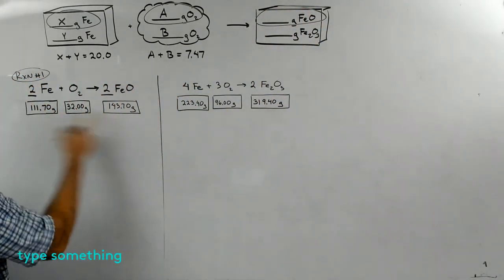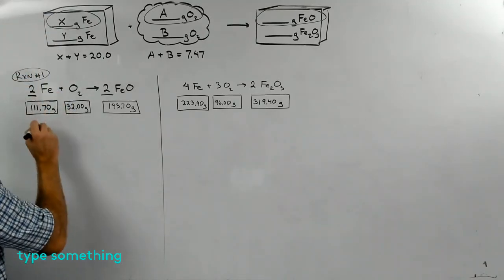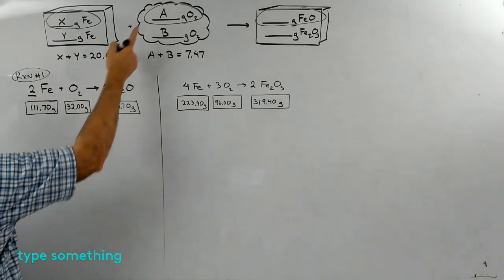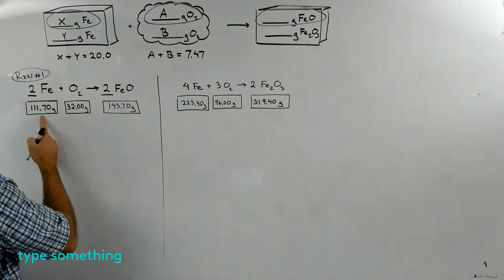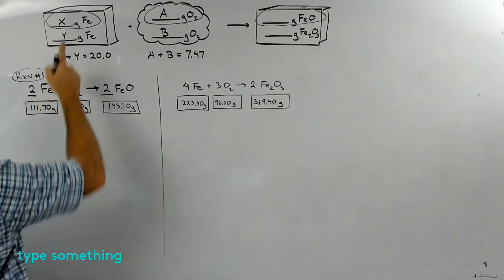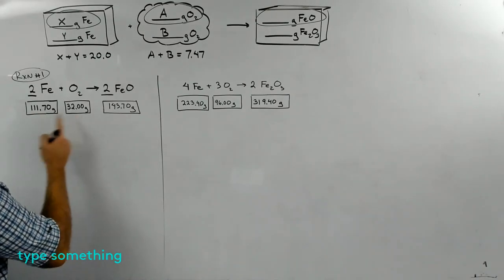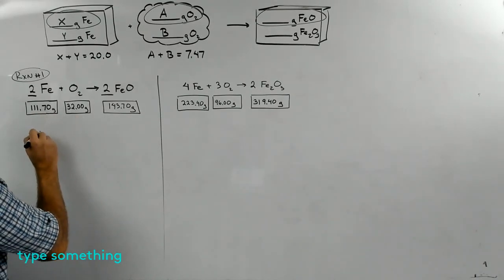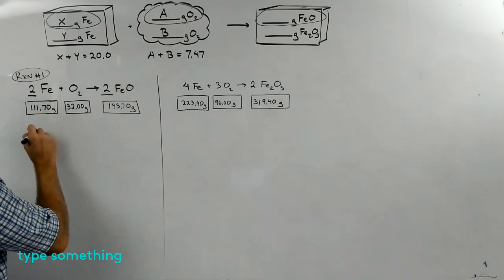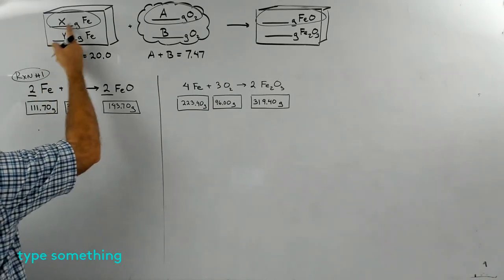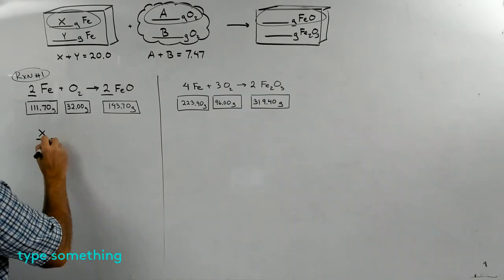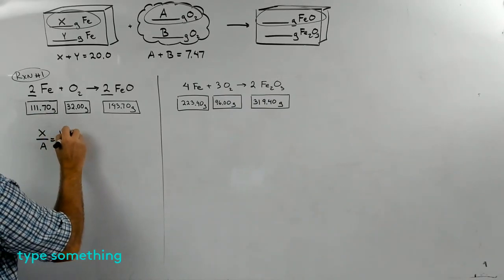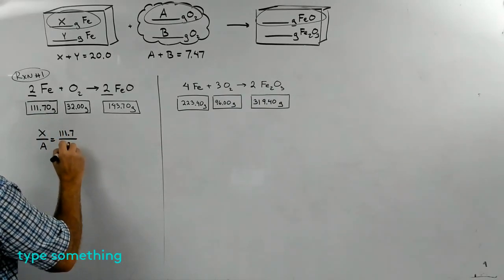Well, in reaction number 1, the ratio of iron to oxygen, X over A, is equal to 111.7 over 32.0.